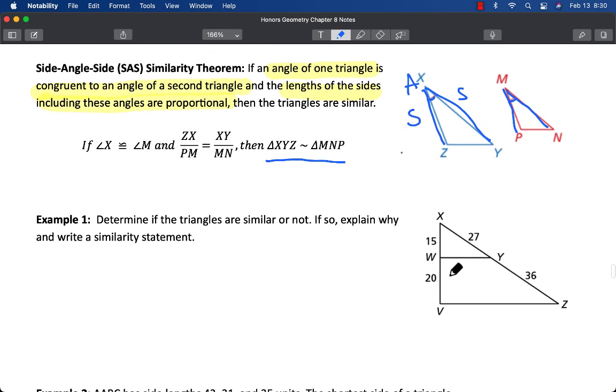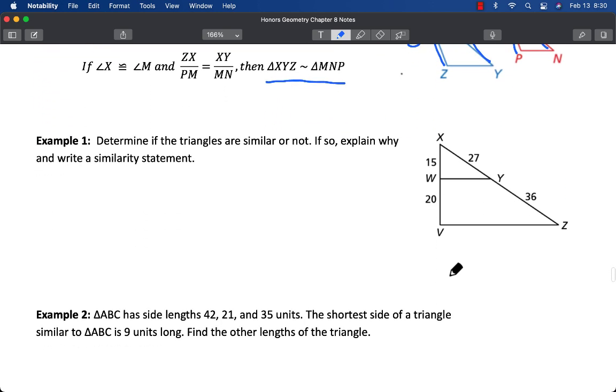All right, let's get into some examples of what we are learning about in this section. Example 1 asks us to determine if the triangles are similar or not. If so, explain and write a similarity statement. The two triangles that we want to prove are similar are the yellow highlighted one at the top and the larger blue outlined triangle.